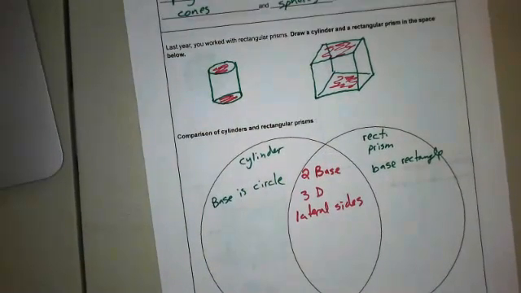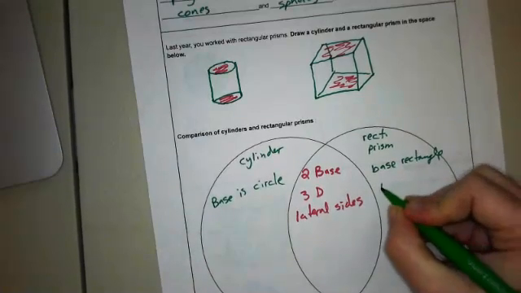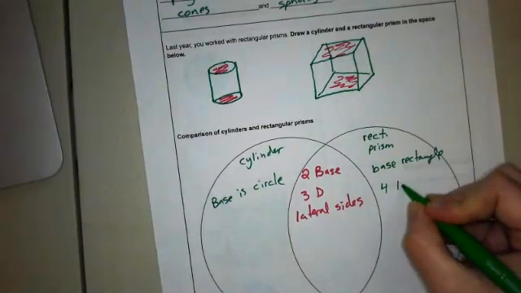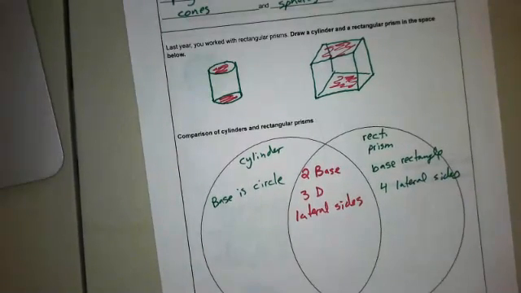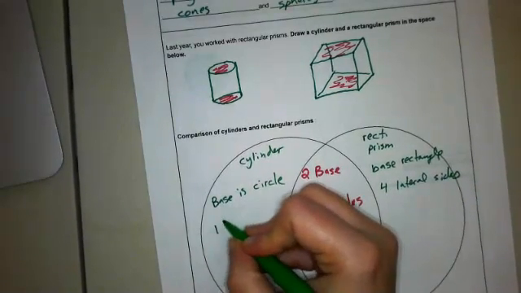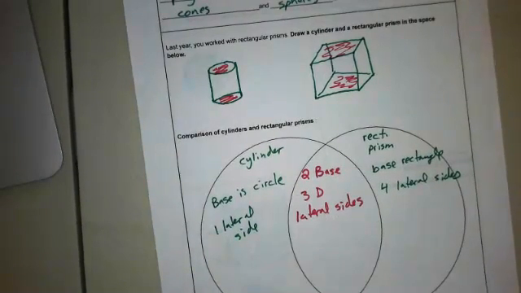There's one difference. Another difference is that here on this one we have 4 lateral sides, okay? On this side, we just have 1 lateral side, okay? And those are the differences when we're talking about a rectangular prism versus a cylinder.